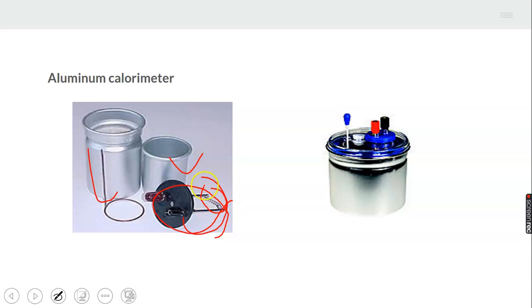This is the heating filament, the coil in between here. These are the two terminals where wires are connected, which lead to the cell. Here is the stirrer that helps to turn it. So in this aluminum calorimeter, you don't need to heat it using a Bunsen burner because you have been provided with a coil. Once the coil is connected, it will receive heat energy, which will heat up the content in the calorimeter.